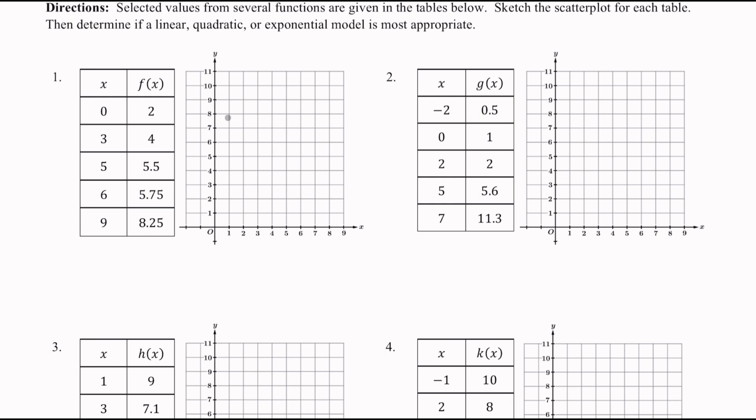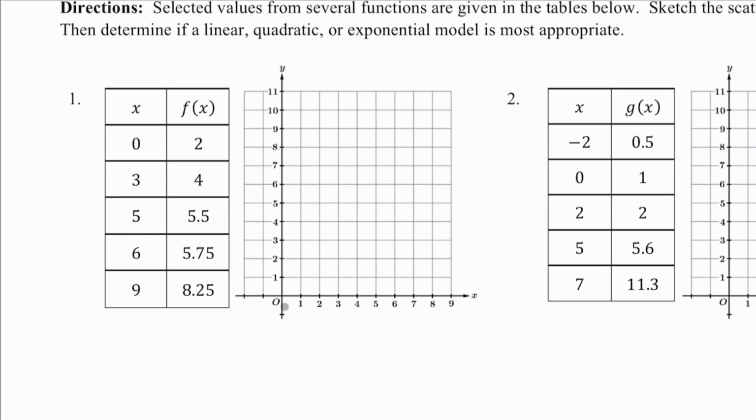So first we have 0, 2, and then we have 3, 4. Now we're starting to get into decimal points here, so 5, 5.5, which is between 5 and 6 here. That's a little bit higher. And then we have 6, 5.75, so right here, a little higher than our previous one.